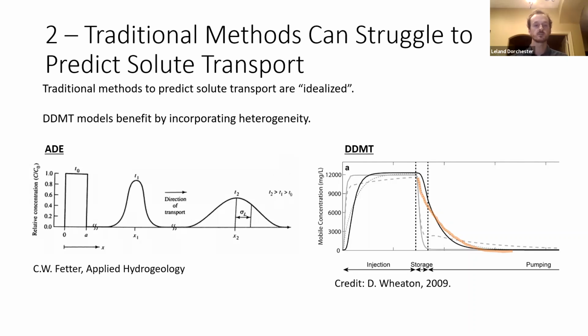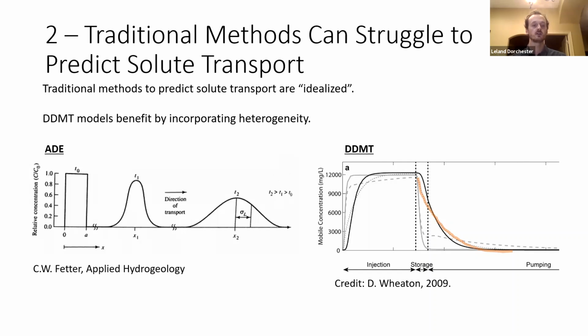And so for those of you that might have a little bit more of a geologic background, you might recognize right off the bat that assuming homogeneity is not necessarily always the best assumption that we should be making. And that's because I would argue at least that most, if not all, Earth materials are going to incorporate some degree of heterogeneity.